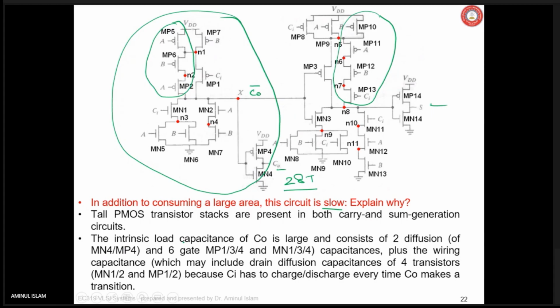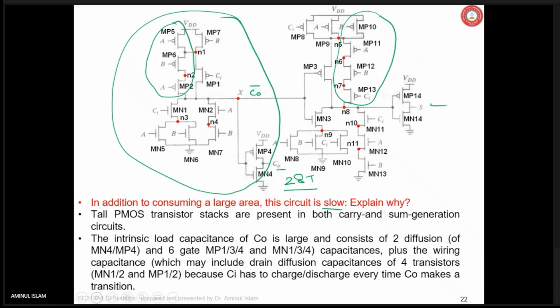The intrinsic load capacitance of CO is large and consists of two diffusion and 6 gate capacitances plus the wiring capacitance, which may include drain diffusion capacitances of 4 transistors, because CI has to charge or discharge every time CO makes a transition.